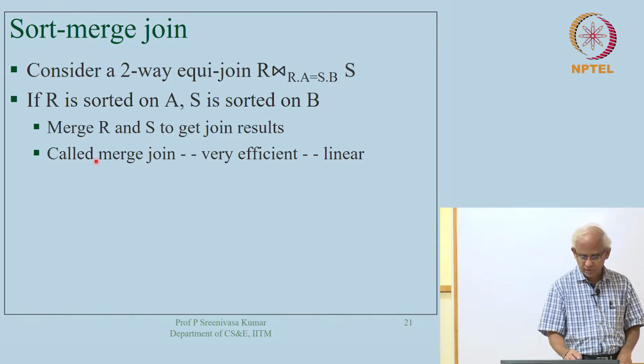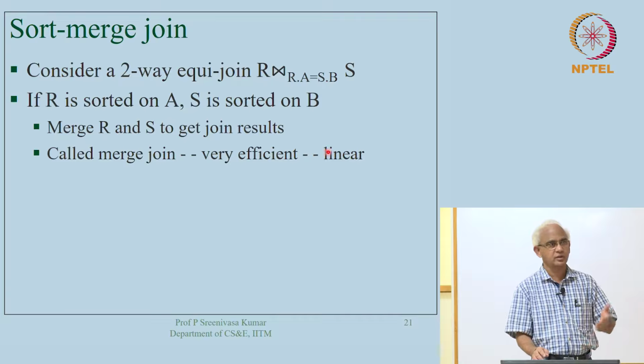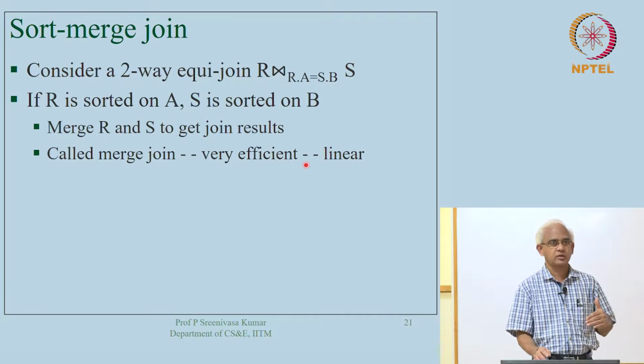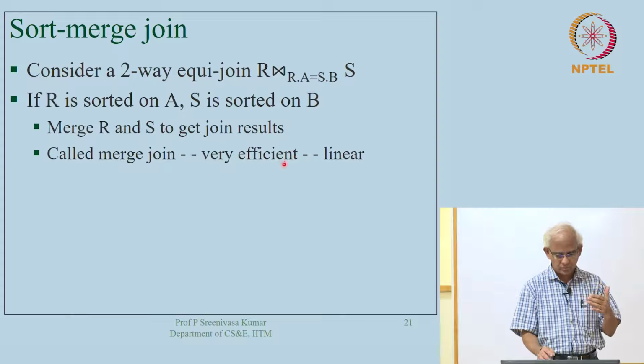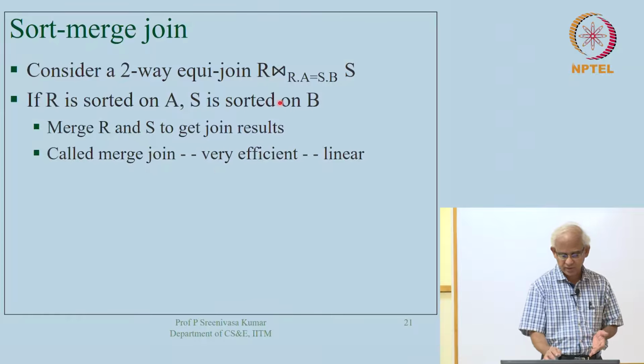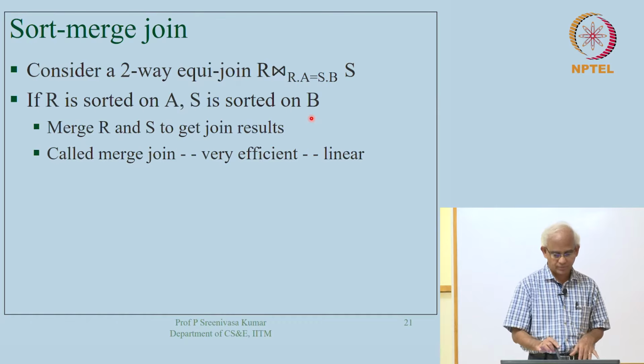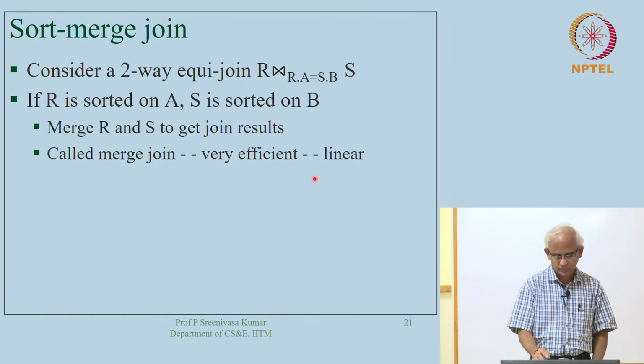This is called a merge join, and it is very efficient because it is linear. The number of block accesses that you will do on R will be proportional to its size, and the same with the other file. So, you pay a linear cost for this merge join.